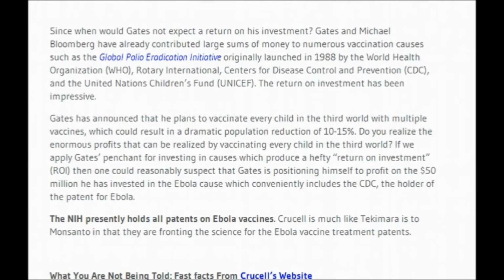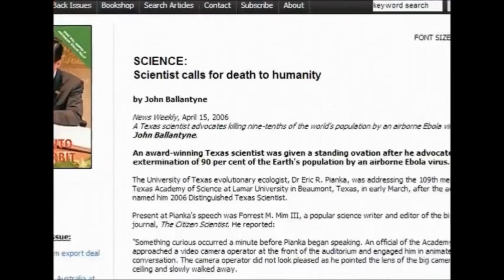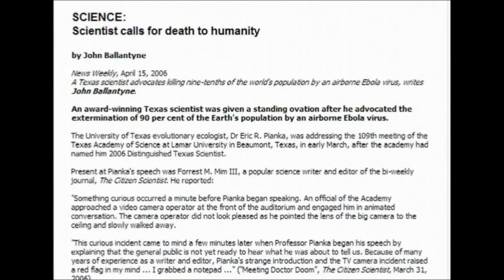Second, it's about depopulation. Let me prove it to you. I came across this right here. Now, this is on newsweekly.com, but back in 2006, scientist calls for the death of humanity. And he gets a standing ovation for making a statement.